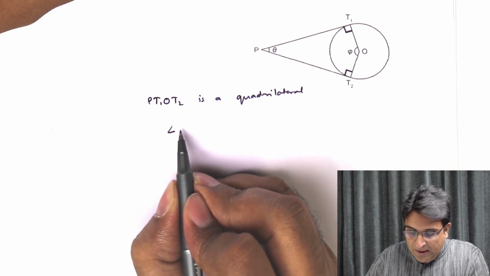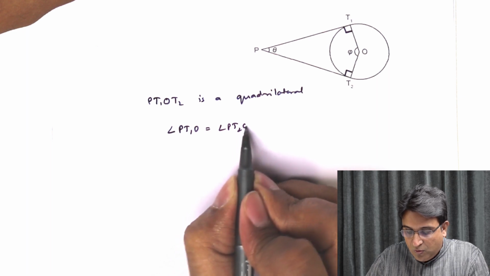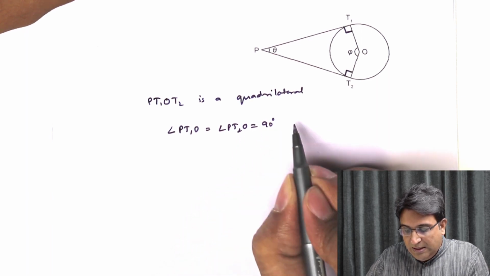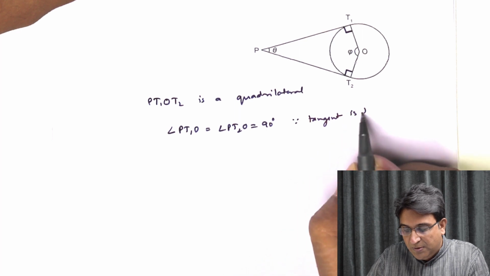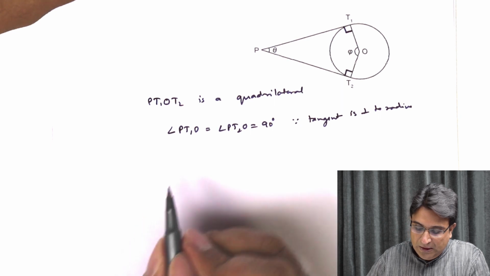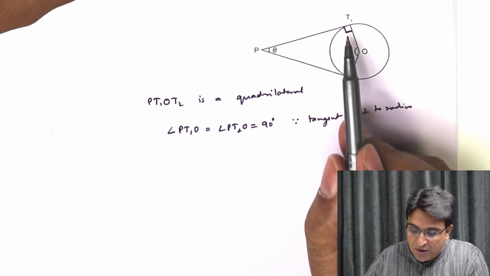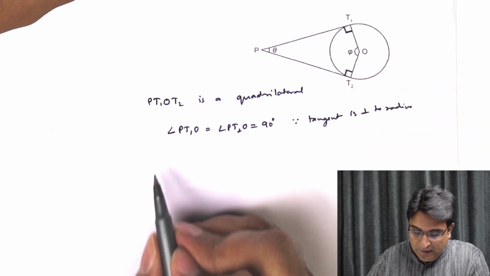So we'll say angle PT1O is equal to angle PT2O is equal to 90 since tangent is perpendicular to radius.